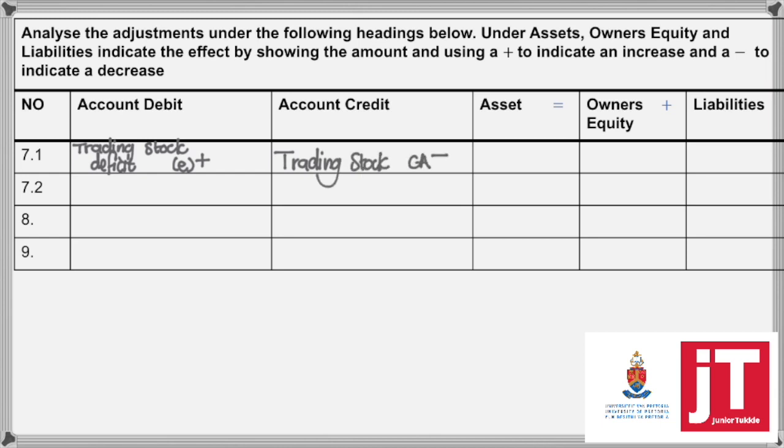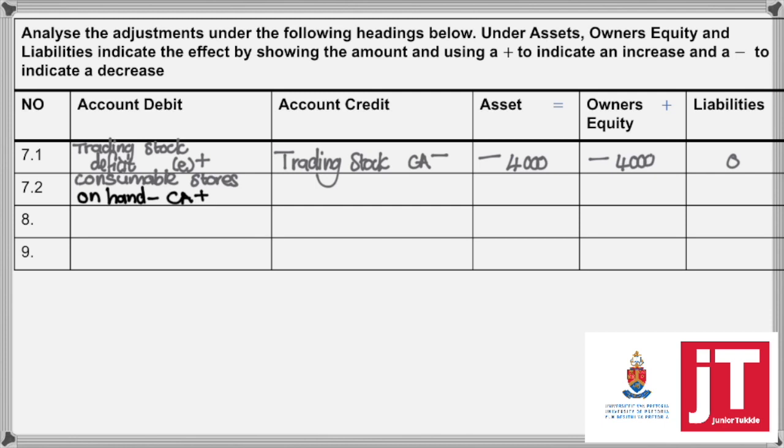And how do I get that deficit? I compare the 242,000 with the amount on my trial balance, and I see there's a difference of 4,000 Rand. So I need to minus off 4,000 Rand because I counted 4,000 Rand less than what I actually recorded on my books.